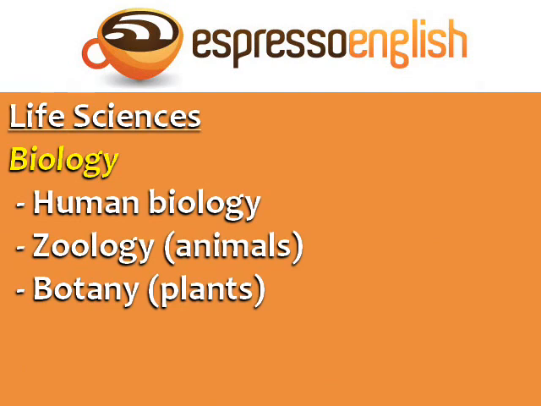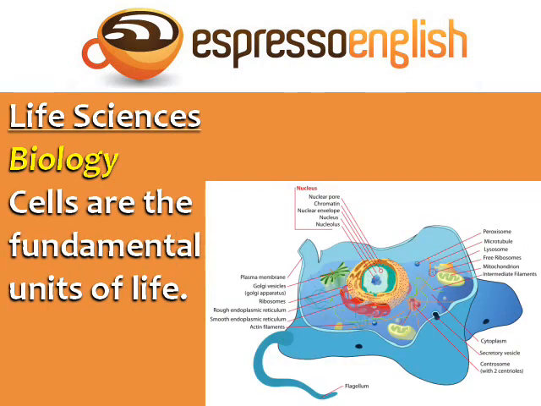Life sciences. Biology is the general term for life science, and it can be divided into human biology, zoology, the study of animals, and botany, the study of plants. Biologists study cells, which are the fundamental units of life.